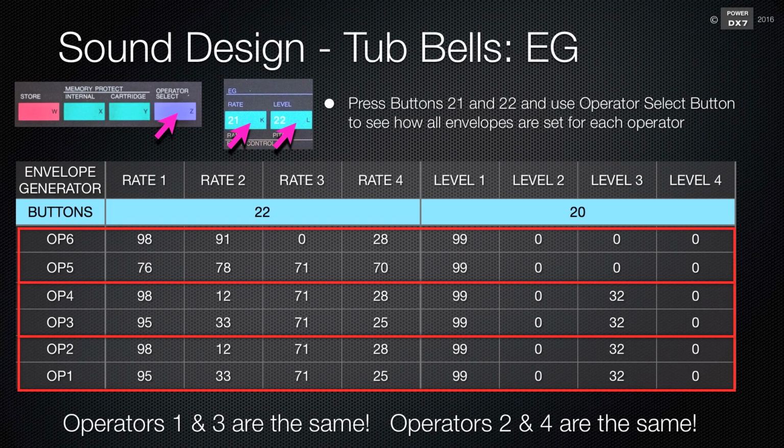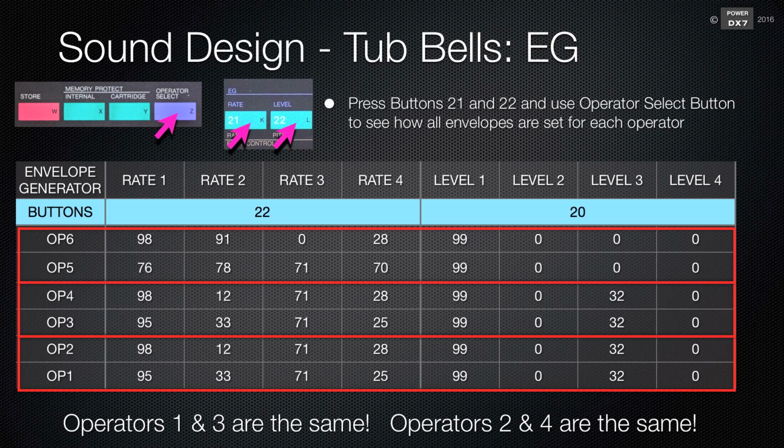The table you see here is envelope data from the tube bells. Let's quickly compare each envelope. From just glancing this table, you will notice that envelopes of operators 1 and 3 are the same. Also, envelopes of operators 2 and 4 are the same.